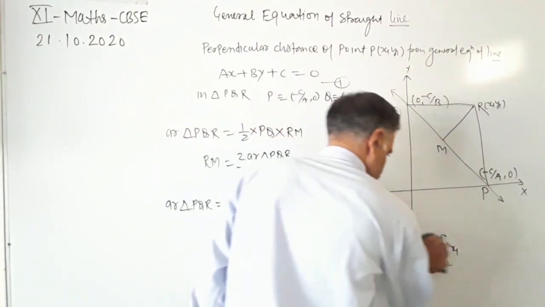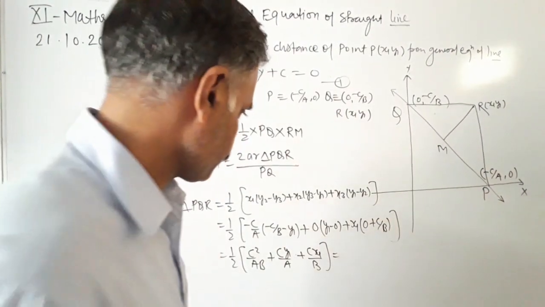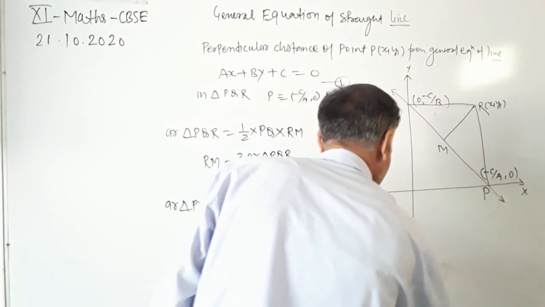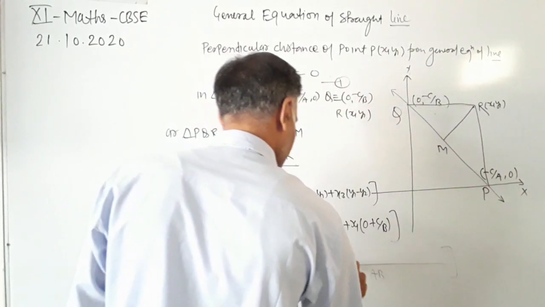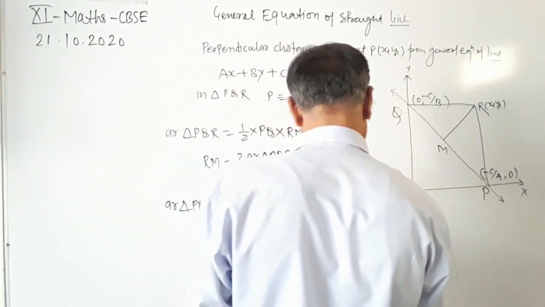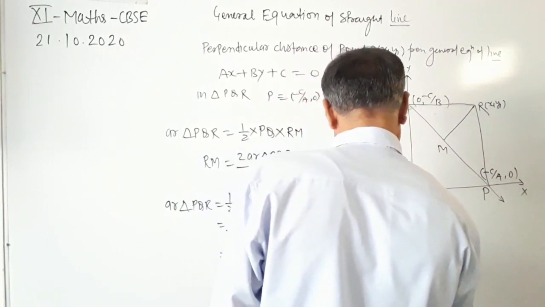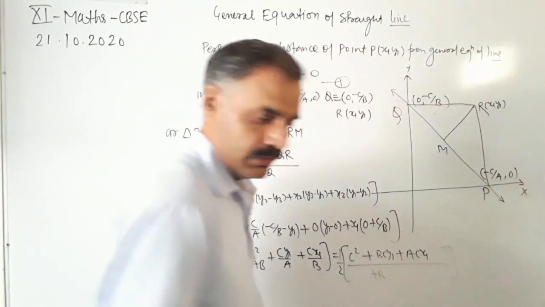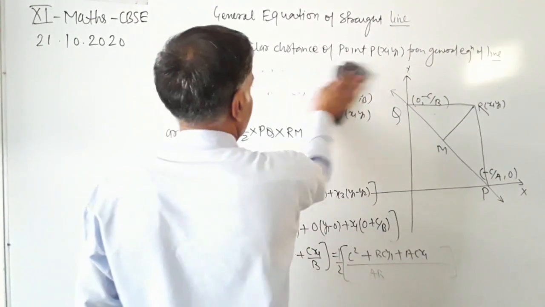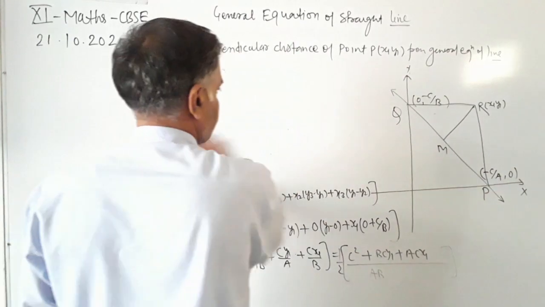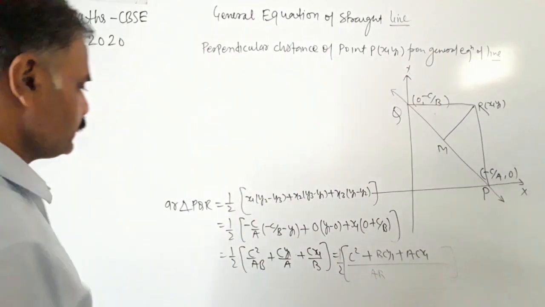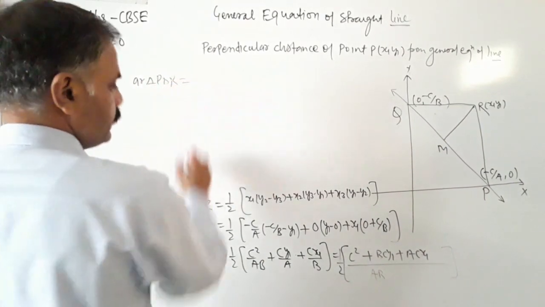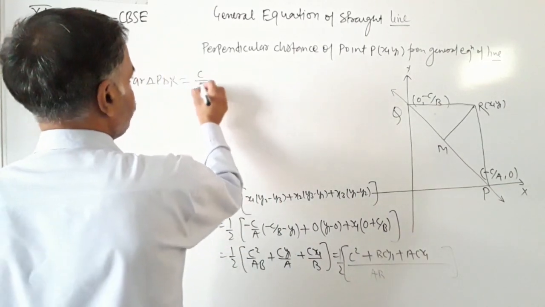Solving this, taking ab as LCM, we will have 1 by 2 times (c square plus b c y1 plus a c x1). So the area of triangle PQR is equal to c upon 2ab.